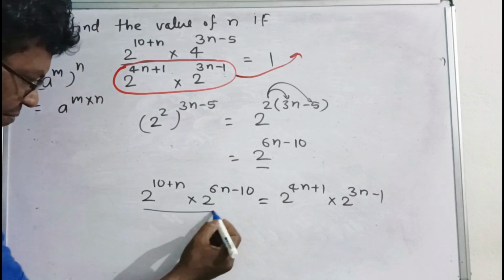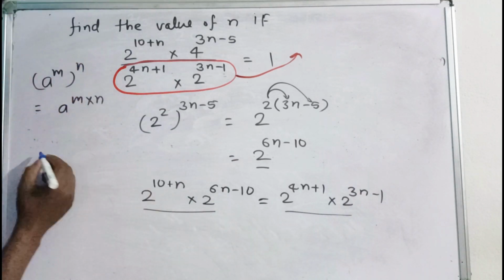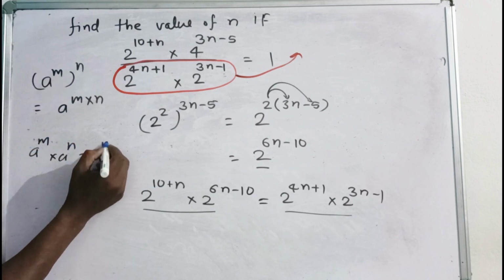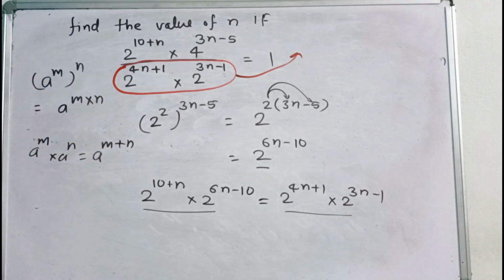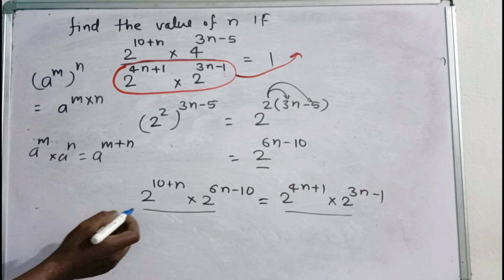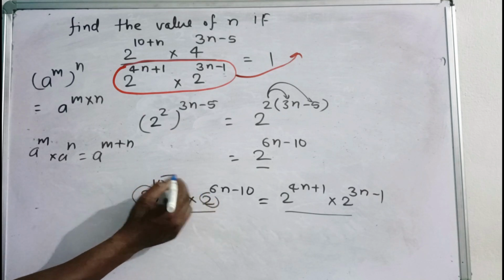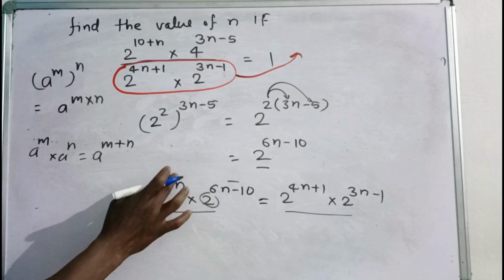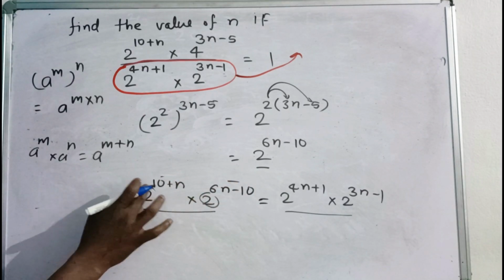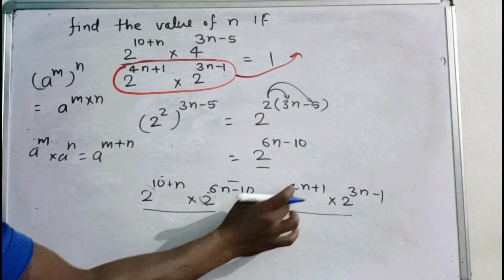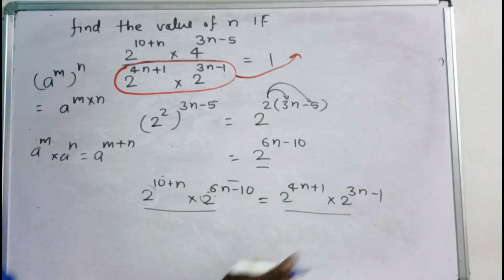Again use here a raised to the power m into a raised to the power n is equal to a raised to the power m plus n. Now this is a, suppose, and this is m and this is n. Here also same, this is a, this is m, this is a, this is n.